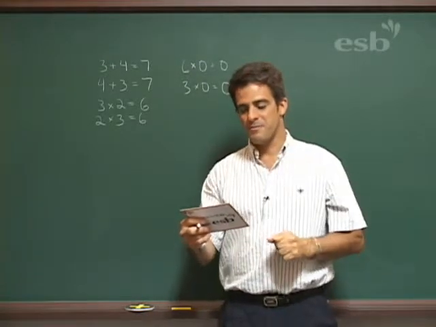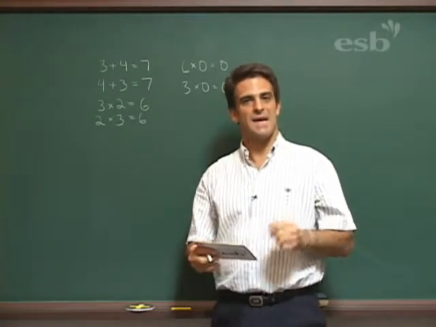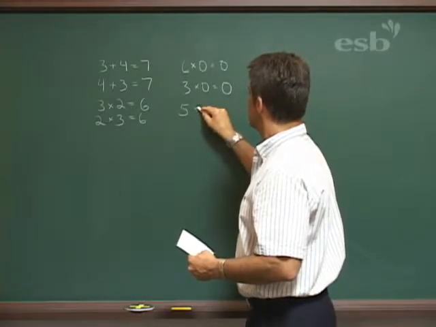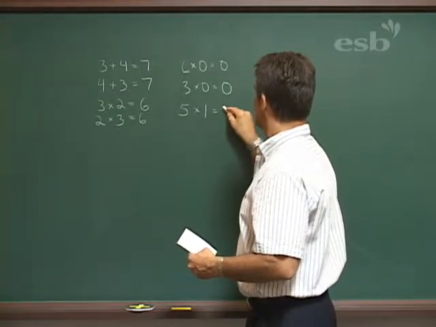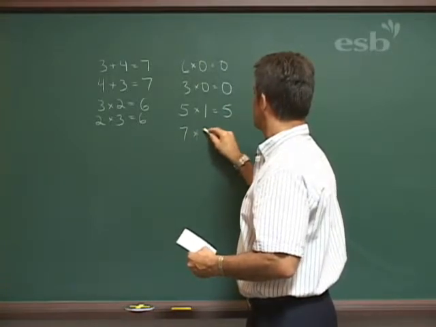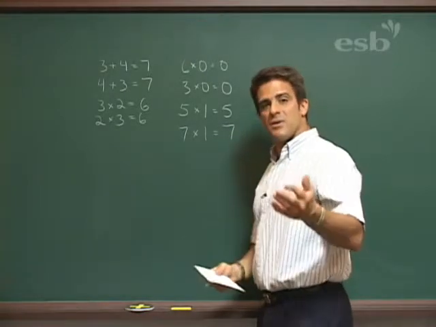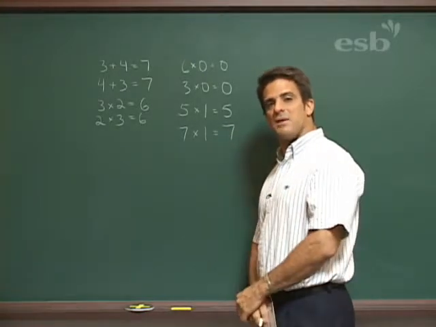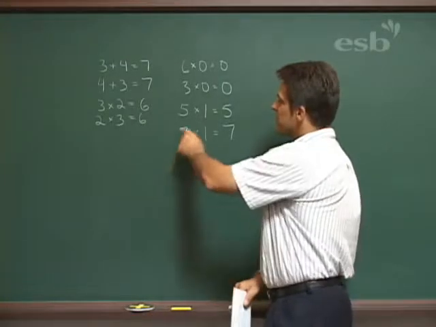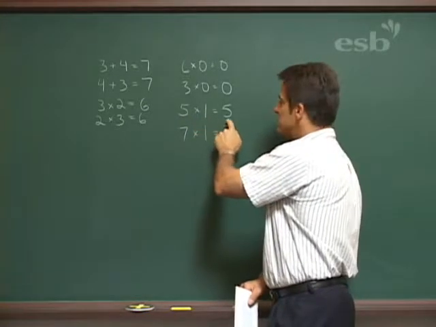One more rule. Any number multiplied by 1 equals that number. 5 times 1 equals 5.